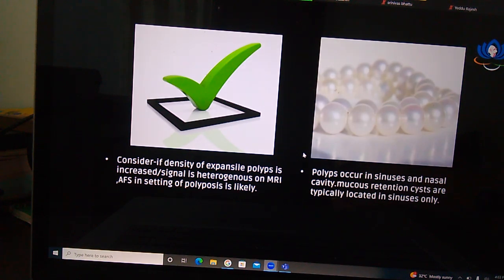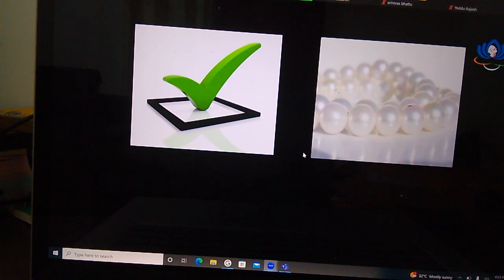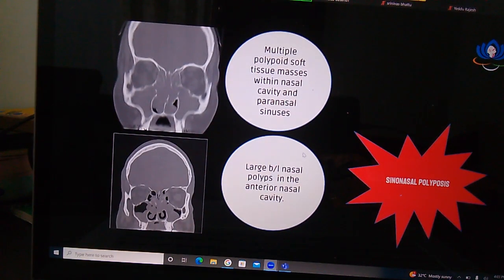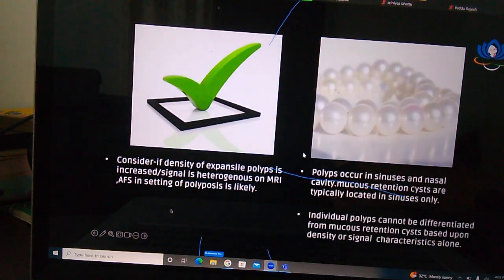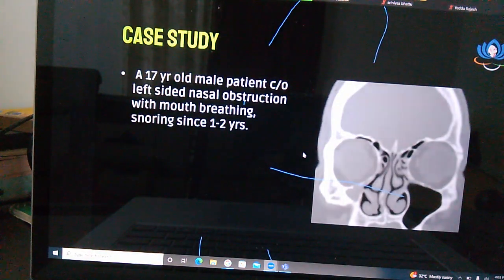Mucous retention cysts are typically located in the sinus only. So polyposis is in the nasal cavity as well as within the sinuses. Remember, benign cysts are present only in the sinus.